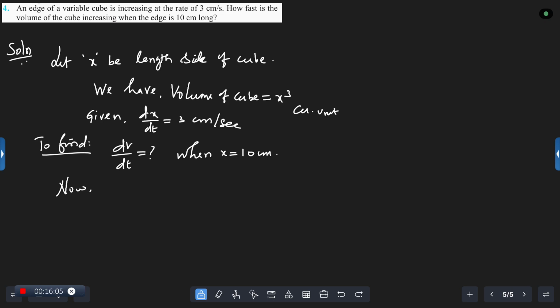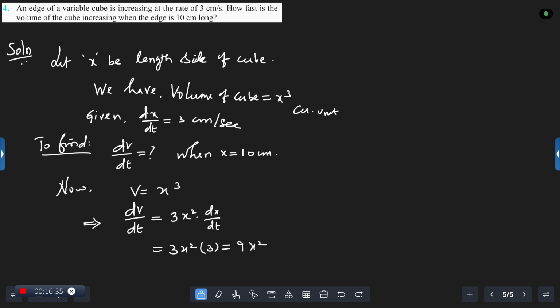Now V equal to x cube, differentiate with respect to t, dv by dt equal to 3 x square into dx by dt. Any doubt? Now 3x square into 3 equal to 9x square.